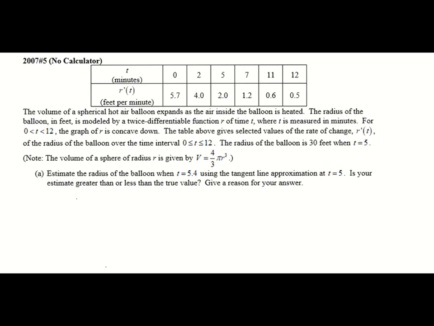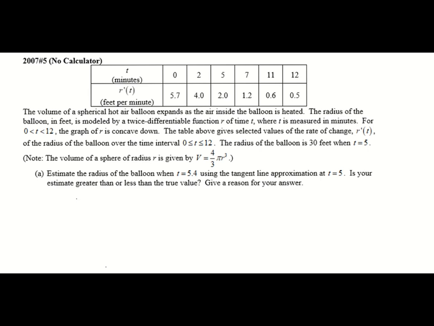The radius of the balloon in feet is modeled by a twice differentiable function r of time t, where t is measured in minutes. For time values from 0 to 12, the graph of r is concave down.